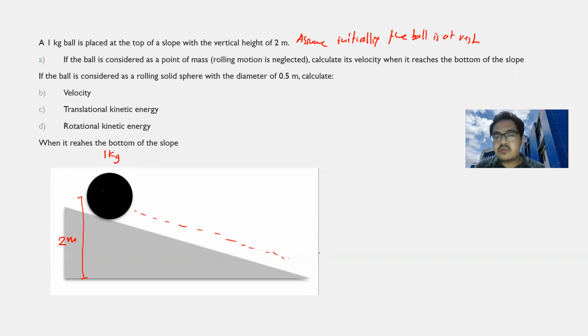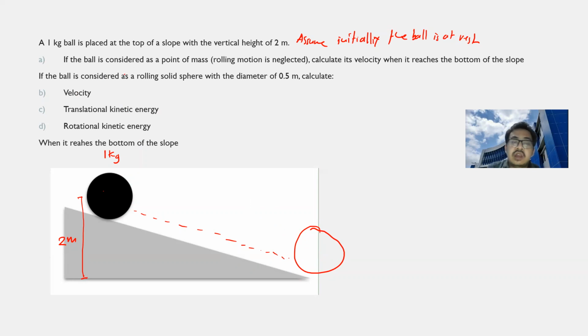Let's consider this as the final point, or the bottom of the slope. This is the top of the slope, and this is the bottom of the slope. It will reach the maximum value of velocity. You have known it from the lecture about potential and kinetic energy before.